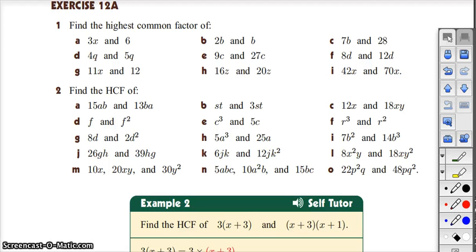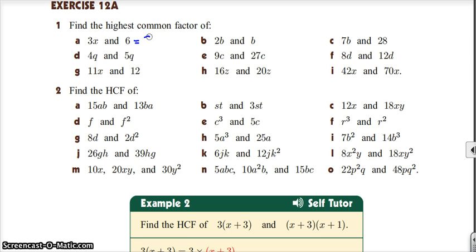So the common factor for the first one, A, is just what, Jazz? It's just 3. It's only the numbers that are common.